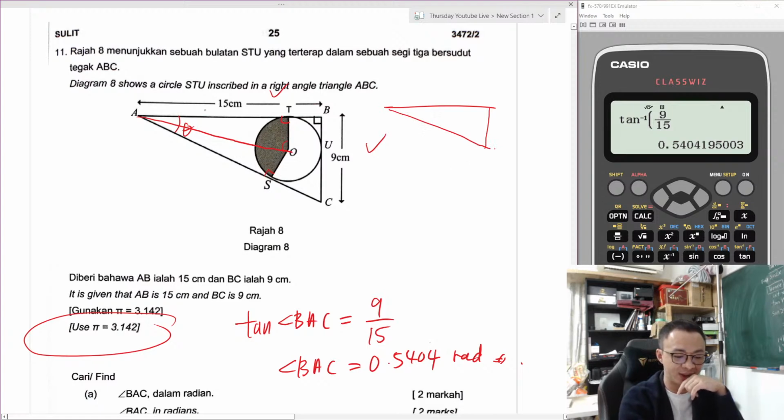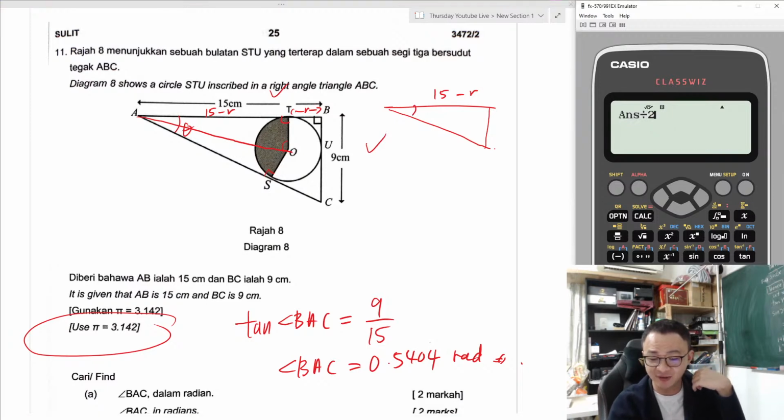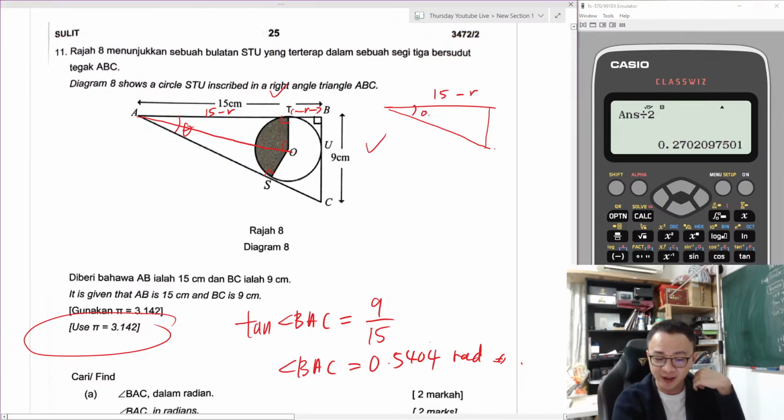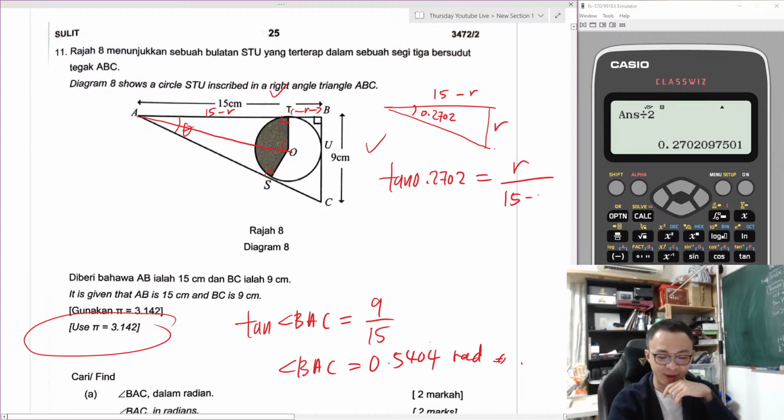Here is called 15 minus R, because here will be R, right? So here is 15 minus R. This one is the angle just now divided by 2, which is this answer divided by 2, which is 0.2702. And then this is R. Then I can use the tangent: tan 0.2702 equals opposite over adjacent.